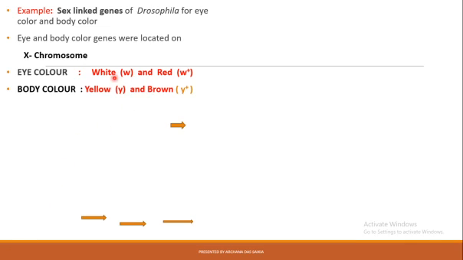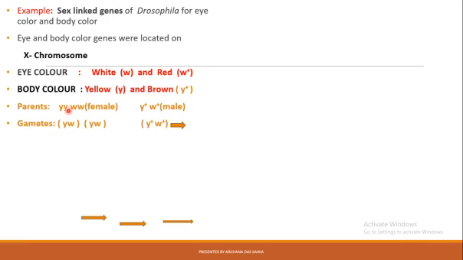It was already learned that white eye color, represented by w, is recessive, whereas red eye color is dominant. Here we are not using small letter and capital letter, but we are using w plus to represent dominant genes, and without the superscript we are using it to represent the recessive trait. White is recessive, red is dominant, yellow is recessive, brown is dominant. Here dominant traits can also be called wild types.